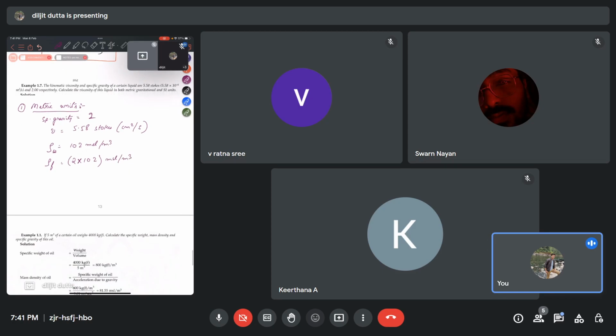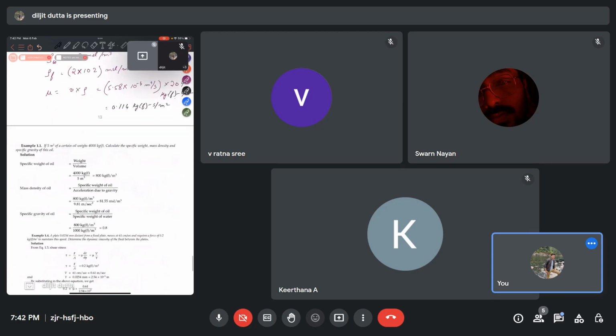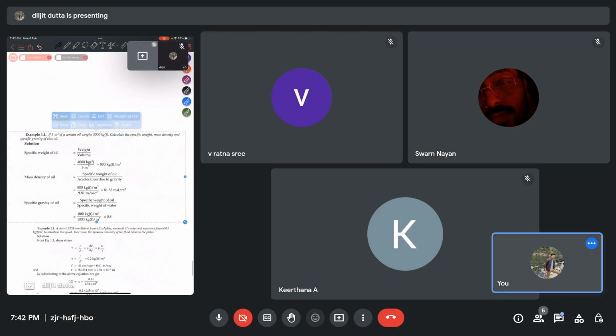The kinematic viscosity is given, so now mu equals nu into rho, where nu is 5.58 into 10 to the power minus 4 meter square per second, and we multiply with rho, that is 204, and this will give the units in kgf second per meter square. So the value will be 0.114.